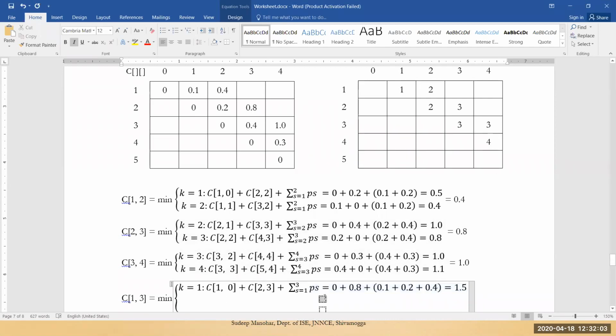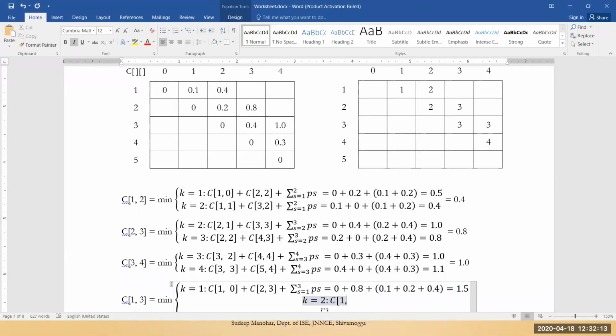Similarly, do for k is equal to 2. C of i comma k minus 1. What is i? i is 1. What is k minus 1? 2 minus 1 is 1. Plus C of k plus 1. 2 plus 1 is 3. j is also 3.